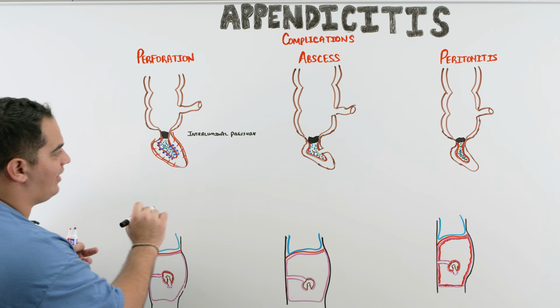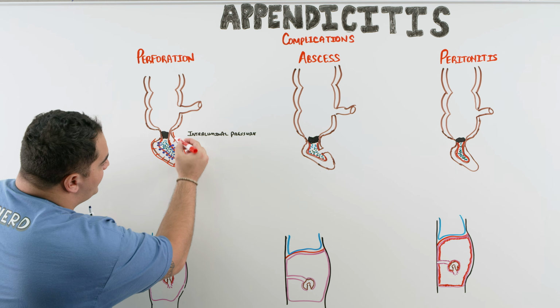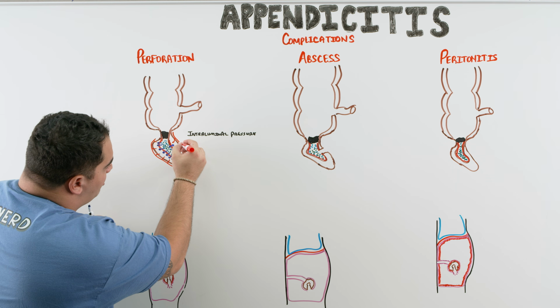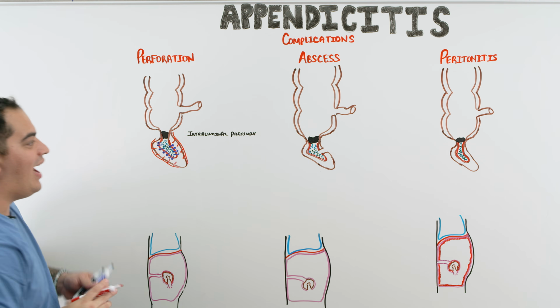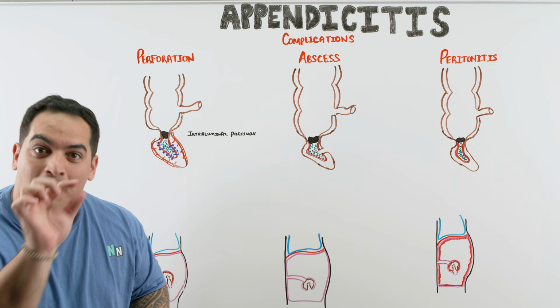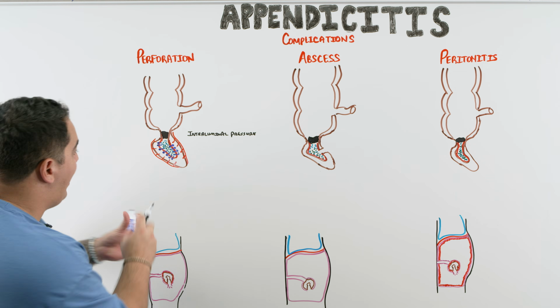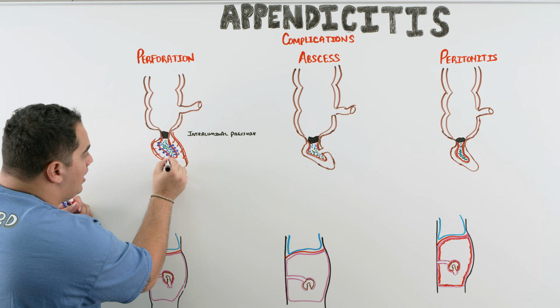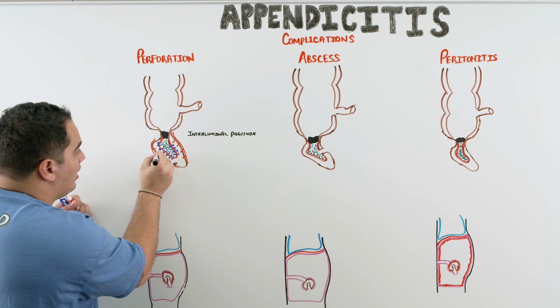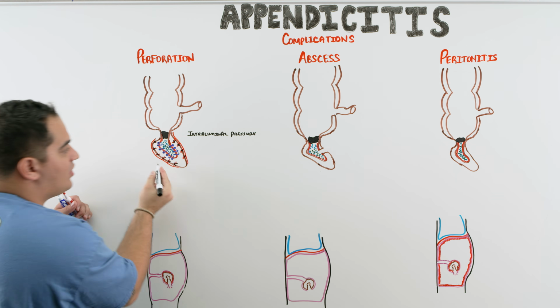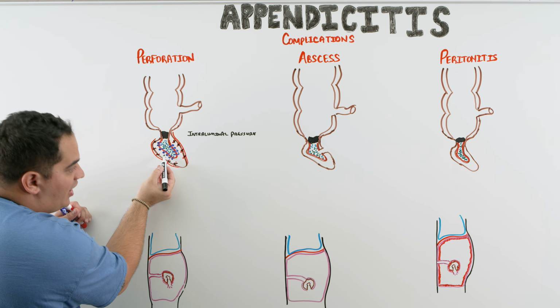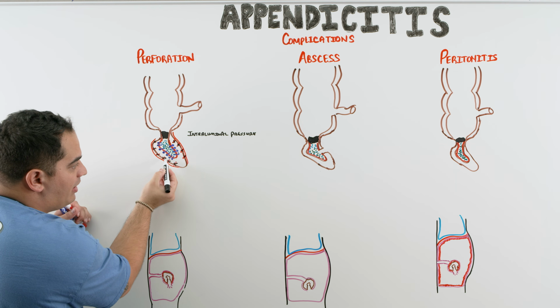But here's the scary thing. You see these arteries? You see how they're supposed to be supplying parts of the appendix? What if the pressure is so high, you start compressing the arteries, pinching them off? And now these arteries are supposed to be supplying oxygen-rich blood to this tissue. They're being compressed. What starts arising? Let's say in this portion here, oxygen-rich blood is not actually being supplied.